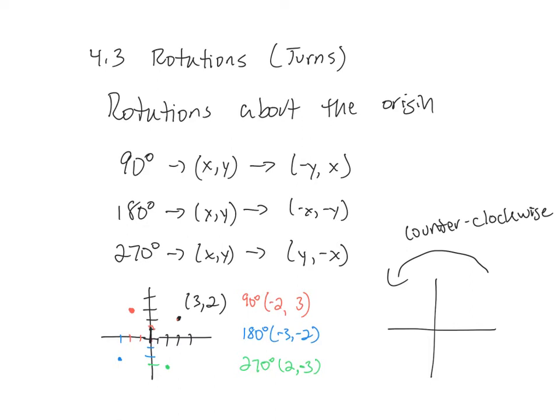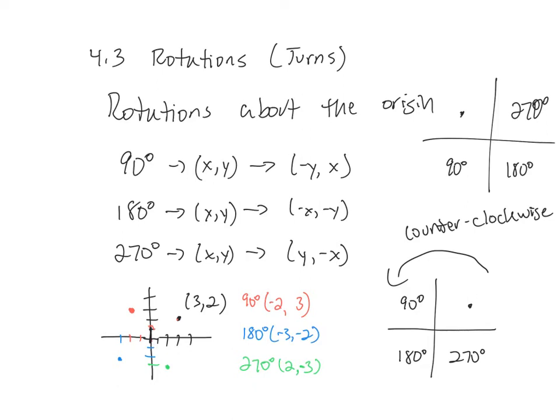Each quadrant, each space, is 90 degrees. So on that one, we started over here, and then the 90-degree rotation went there, 180 degrees went there, and 270 went there. If you started up here somewhere, then 90 degrees would be in that quadrant, 180 would be there, and 270 would be there.